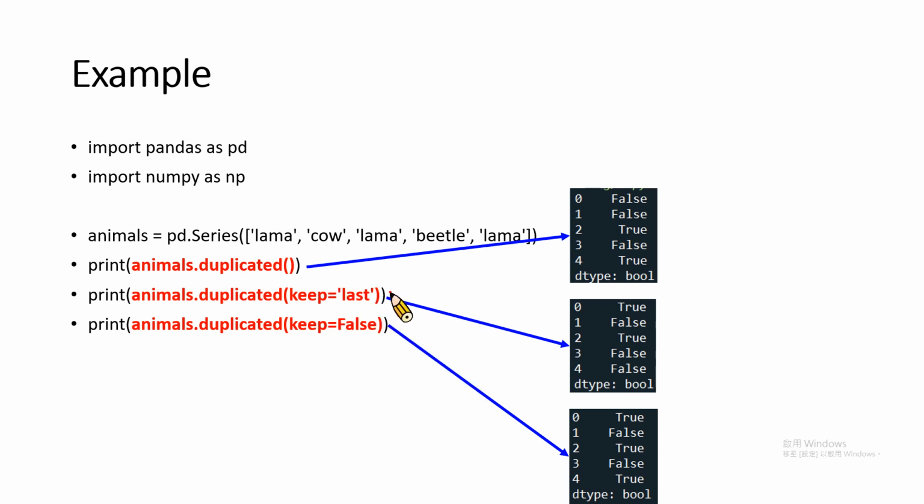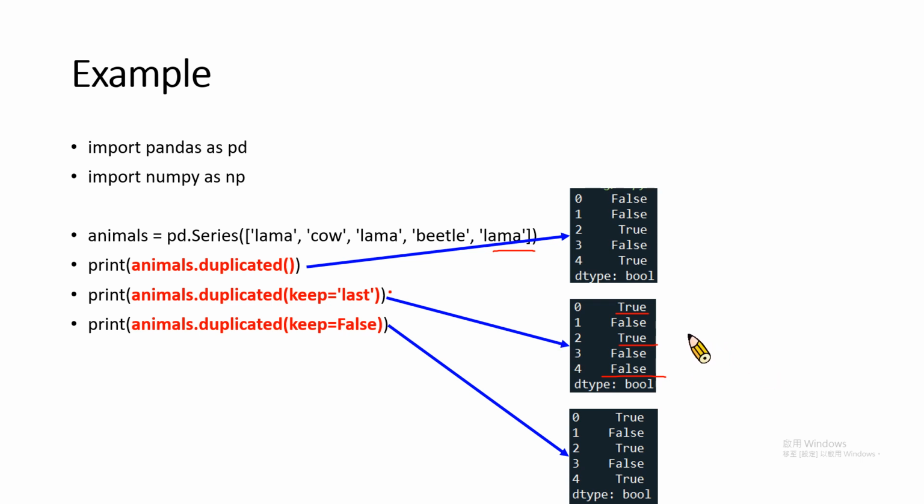And this is the result if we set the keep option as last. We just mark the last duplicate value as false, and the others are marked as true. So the last llama is here, we mark it false, and the rest of the llamas are marked as true.